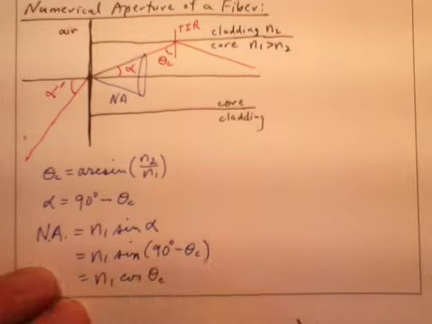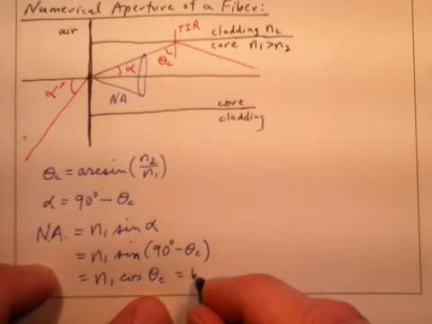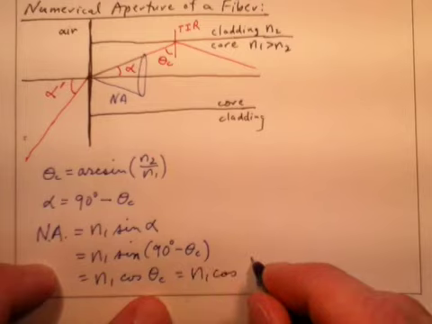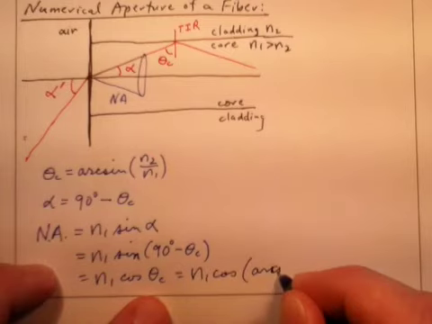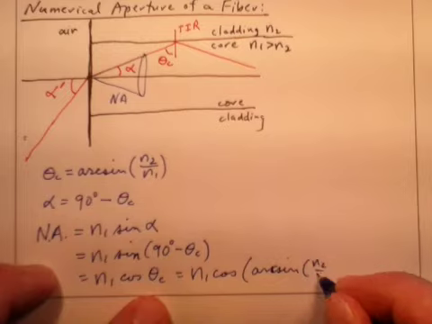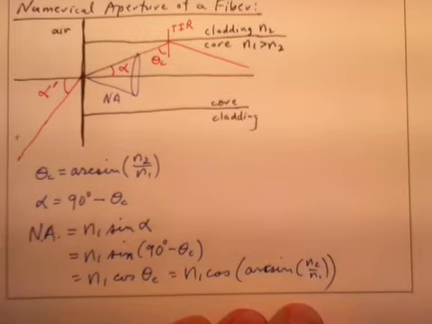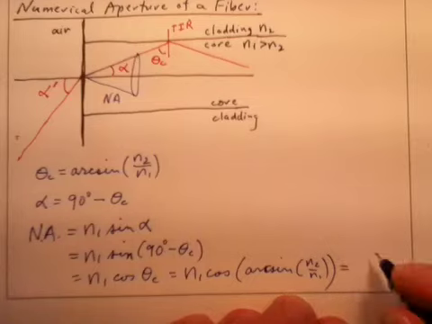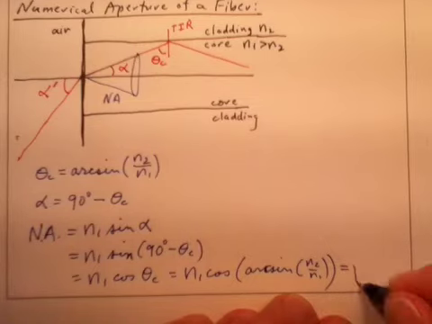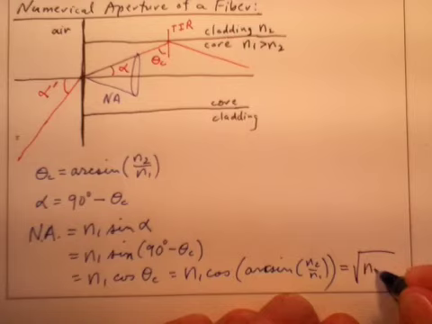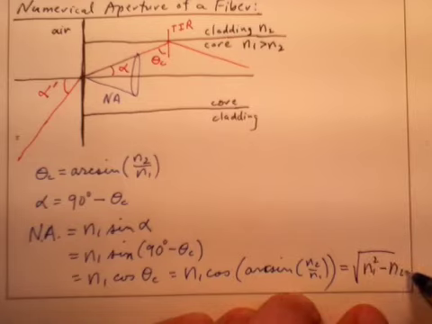But we also know that the critical angle is the arc sine of N2 over N1. And this is easy to calculate from your calculus class. We know now that this is the square root of N1 squared minus N2 squared.